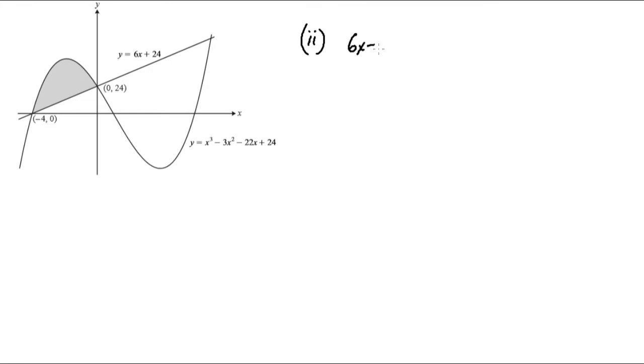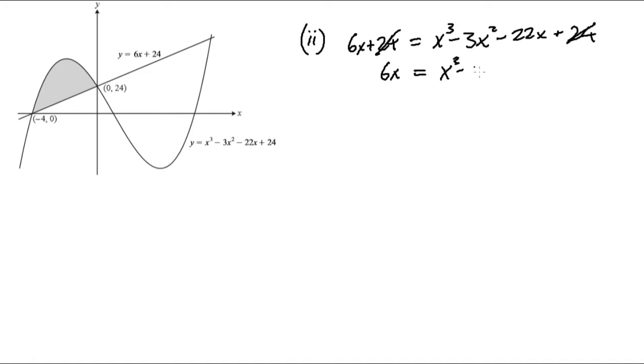So 6x plus 24 is equal to that expression, and now we need to try to solve this for x. Both sides have a plus 24, so we subtract 24 from both sides, and we have 6x equals x cubed minus 3x squared minus 22x.